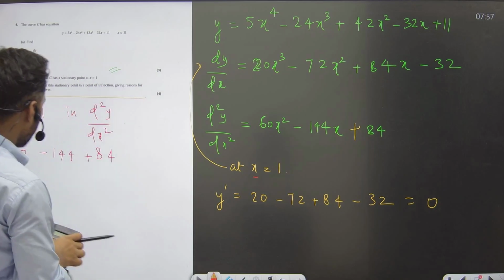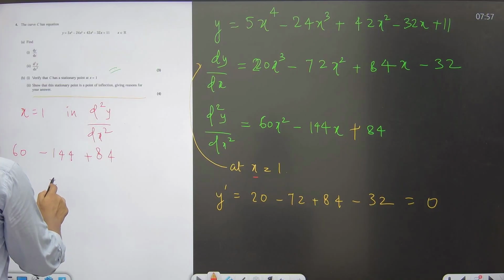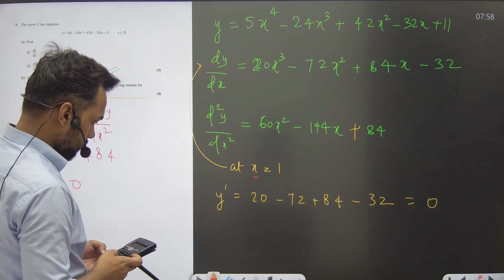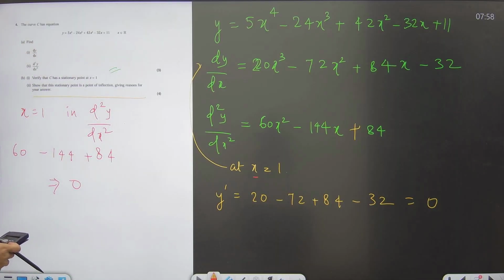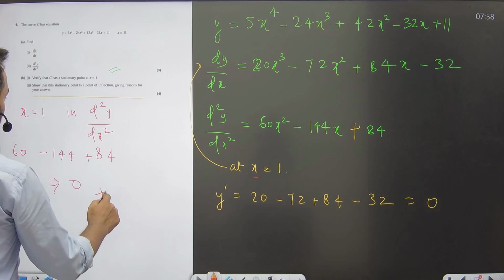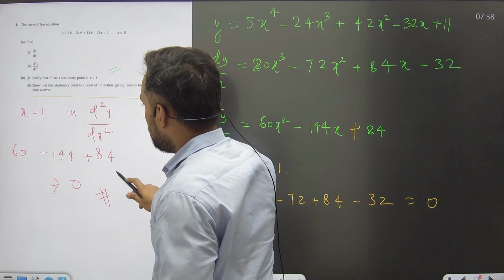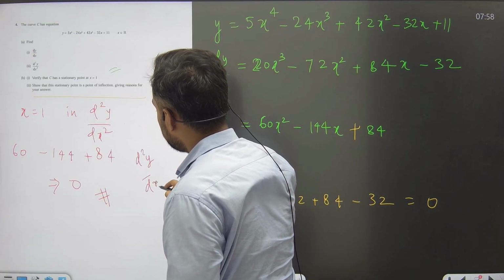So we can say here, students, we'll calculate it. We are getting 0 again. So after plugging x equals 1 into d2y by dx2, we get d2y by dx2 is also 0.